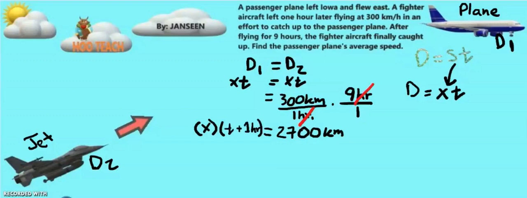And you're like, wait a minute, why is there a 1 hour inside those brackets? Well, remember the fighter pilot was hanging out at the airport for 1 hour? That's why there's an hour there. Because it was 1 hour and then the 9 hours it took for the fighter jet pilot to catch up to the passenger plane, right? So let's plug those in.